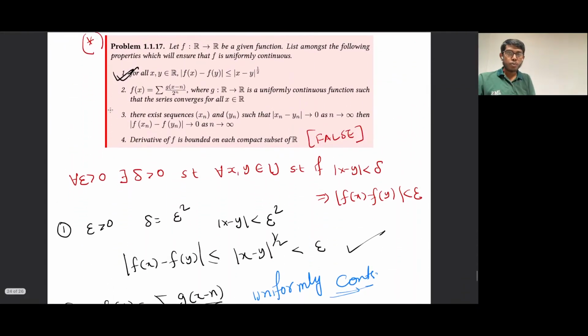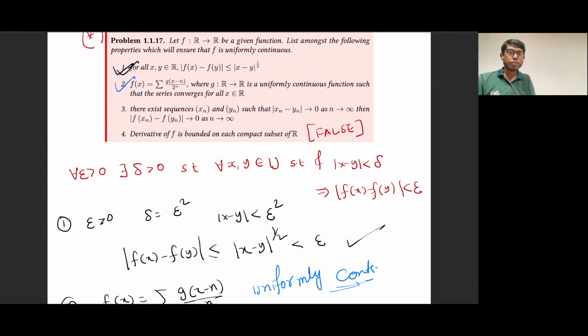Okay, so this is also true. The third option says that there exists a sequence xn and yn such that if the difference between xn and yn goes to 0, then the difference between the functional values will also go to 0.